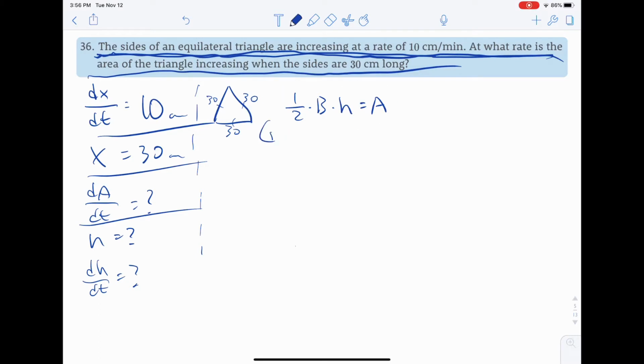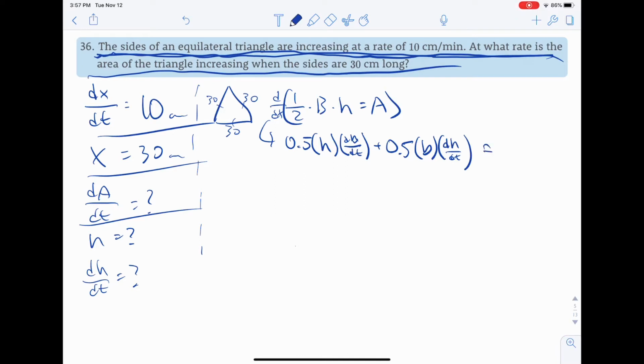And that would look like this. The derivative of this would look like 0.5 times h times db over dt, because that's the product rule, plus 0.5 times b times dh over dt, and that's just the product rule.